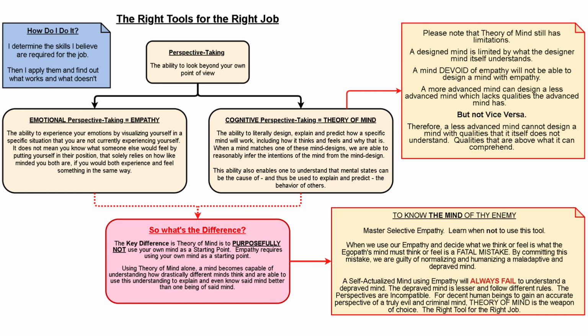The key difference is theory of mind is to purposely not use your own mind as a starting point. If you're using your own mind as a starting point, you're using empathy. And that's fine, because empathy requires you using your own mind as a starting point. If you have a friend that isn't a malicious backstabbing person, then empathy is probably going to give you an accurate representation of their mind.